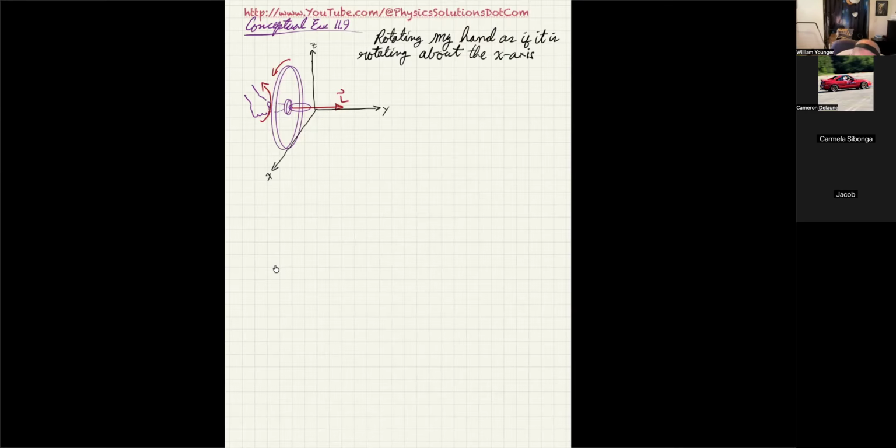What I mean is when I rotate my hand, it's just like I'm rotating it like that around the x-axis.